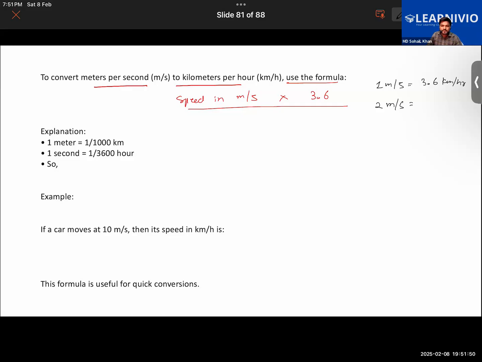Sir, is it 7.2? Okay, exactly. That is 7.2. What do I have to multiply right now? What we did here, the speed was in meter per second, it was 1 meter per second. You multiplied by 3.6, and thereby you got the value as 3.6 kilometer per hour.